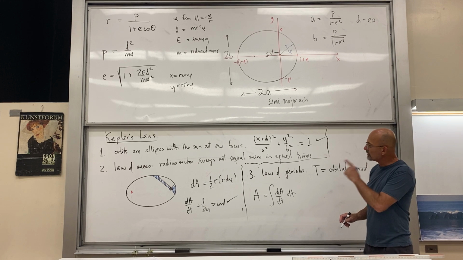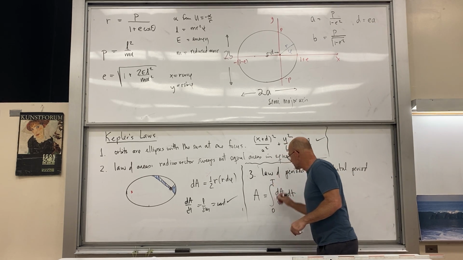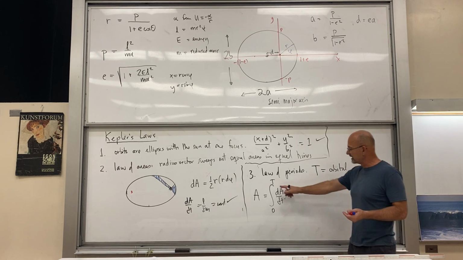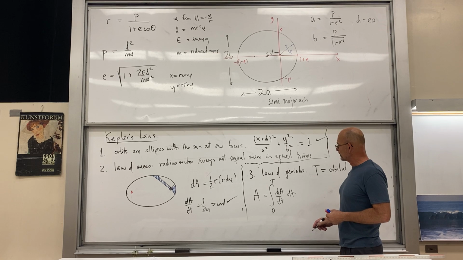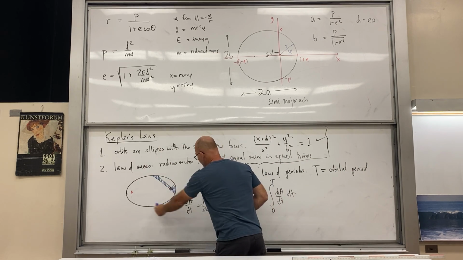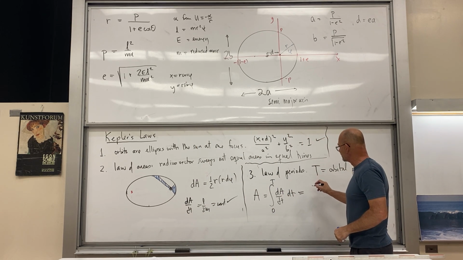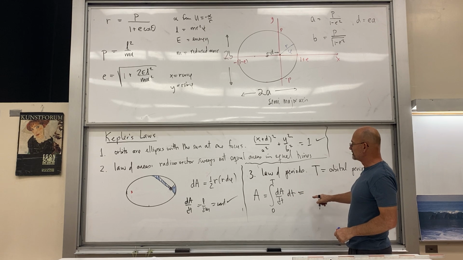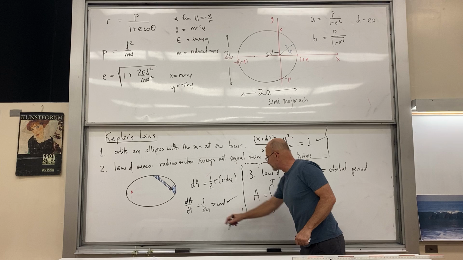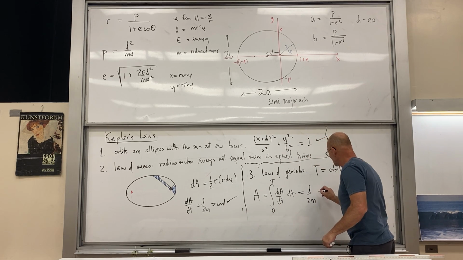The total area swept out is going to be this integral right here, the integral of dA/dt. So it's sweeping it out, and when the entire time is the period of going around, you've got the total area there. Now let's evaluate this. We have dA/dt, which is just L over 2m. So we have L divided by 2m times T.